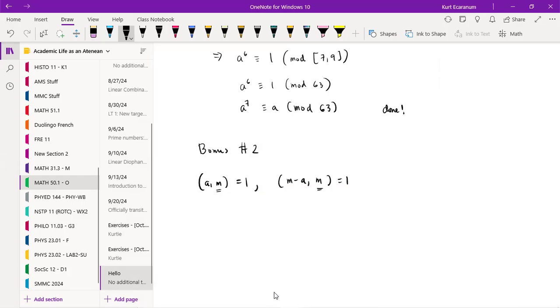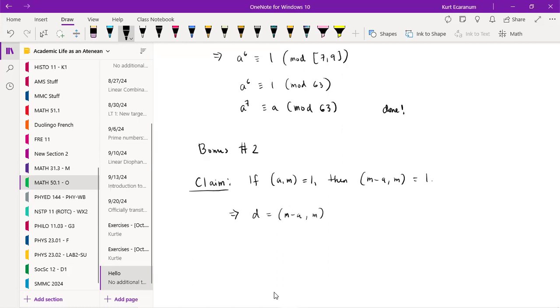So this is our claim first. Claim: if the GCD of a and m is 1, then the GCD of m minus a and m is 1 also. For the proof, let's assume we don't know the GCD yet. Let the GCD of m minus a and m be d.